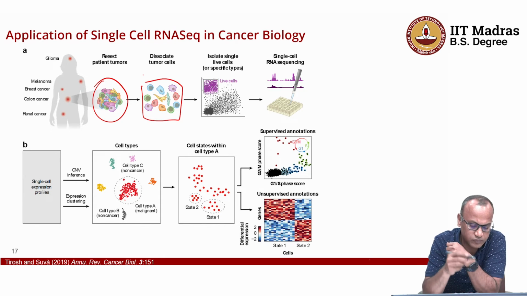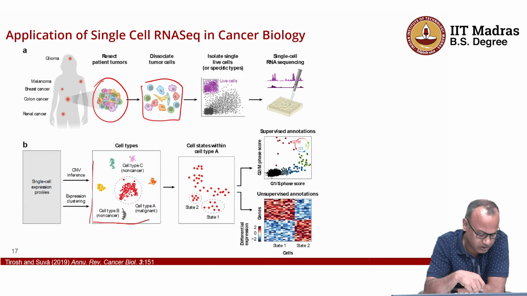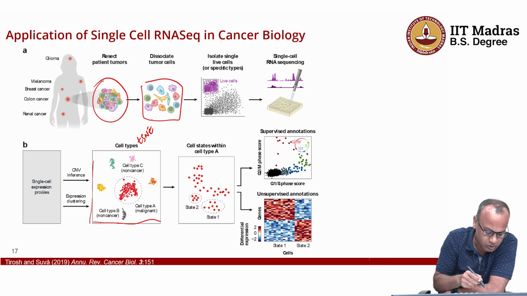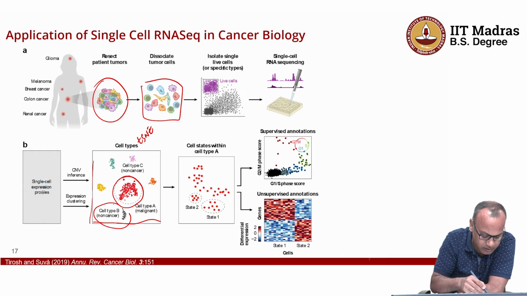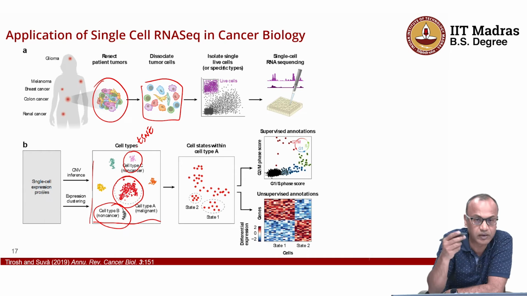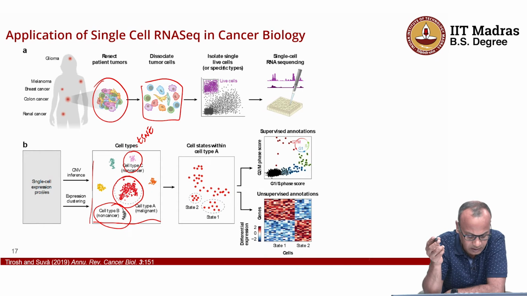You isolate each of the cell types separately using a cell sorter, do single cell RNA sequencing, and when you now do expression analysis and a t-SNE kind of analysis, what you see is that the malignant cells are clustering together, and non-malignant, non-cancer type cells are clustering together. There can be multiple malignant types, there could be multiple non-malignant types.